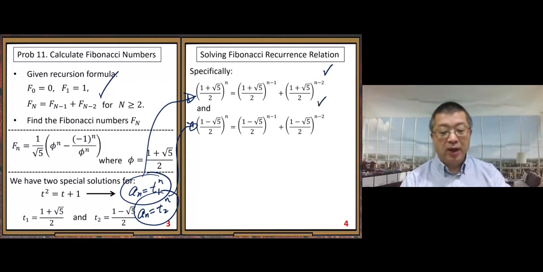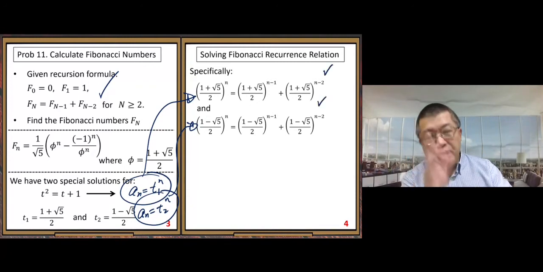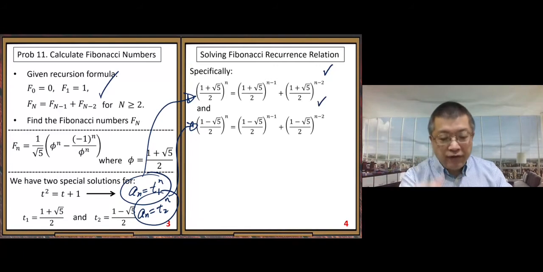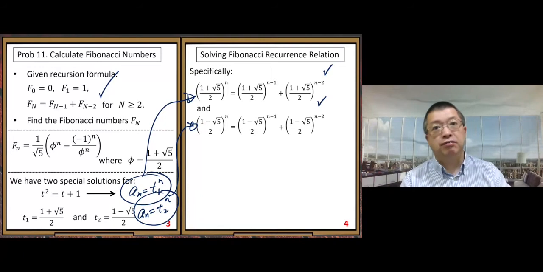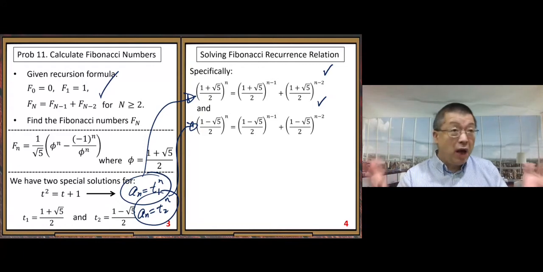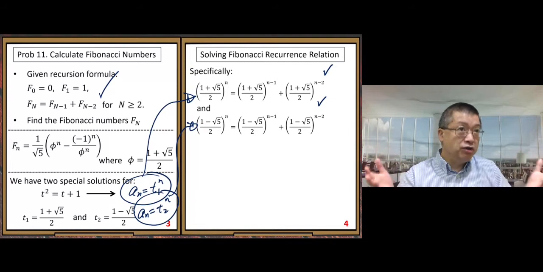Now we have two special solutions of the original recurrence relation. They are not general solutions, right? They are two special solutions. And also, they are not integer solutions. We want to have an integer solution. Our final solution, Fibonacci numbers, must be integer solutions.